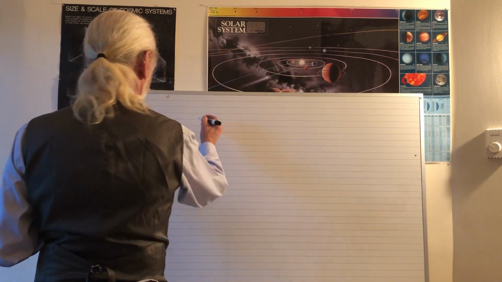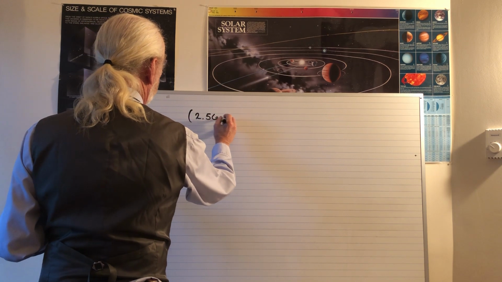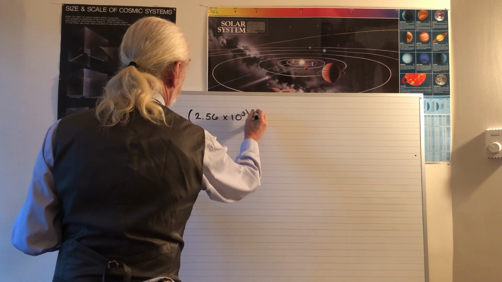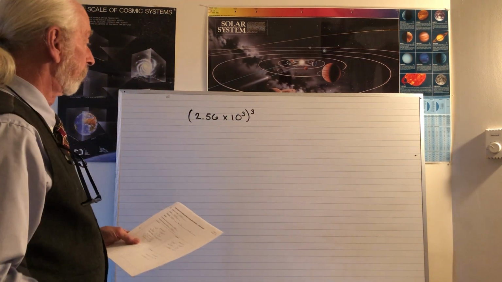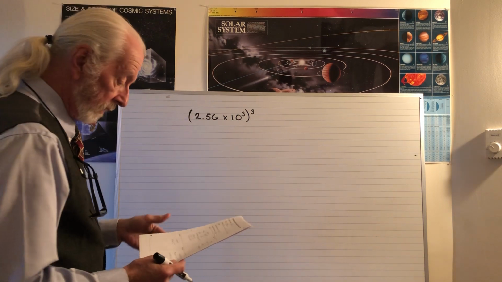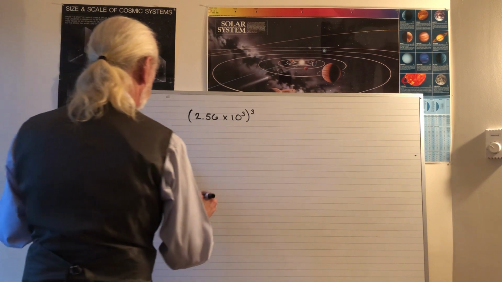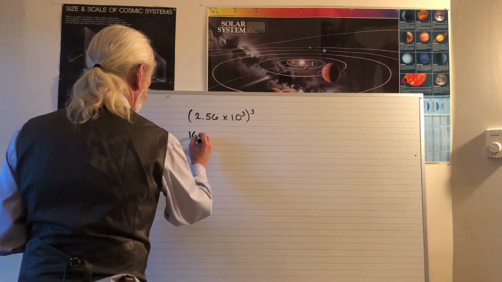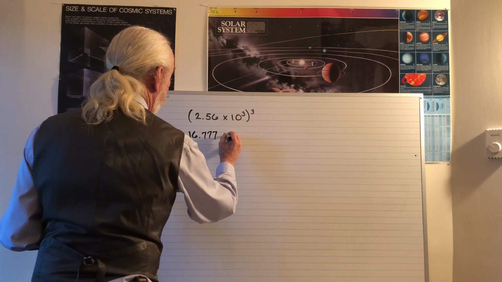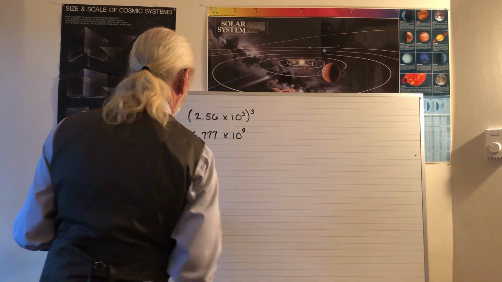2.56 times 10 to the third cubed. All right, so if we cube that number, you should get 16.777 times 10 to the 3 times 3, 10 to the 9th.